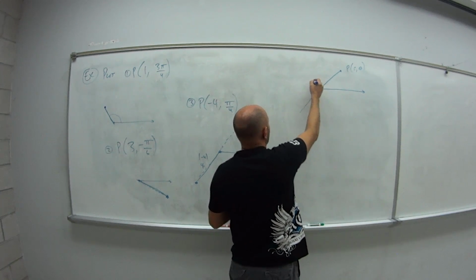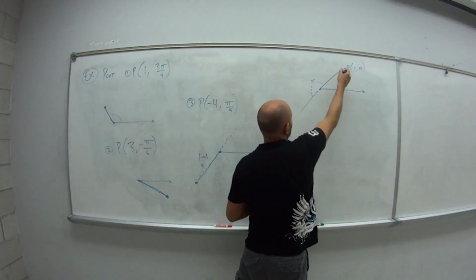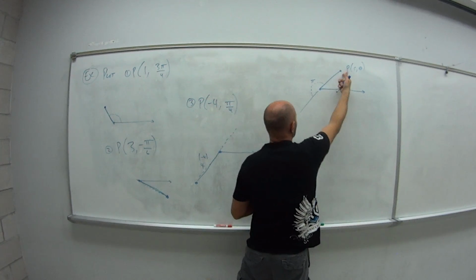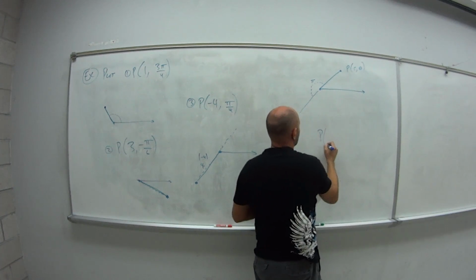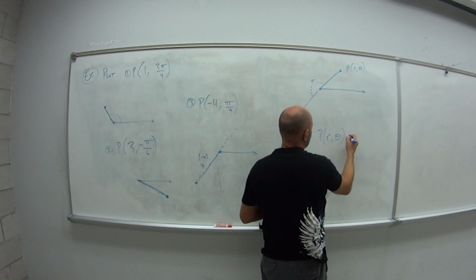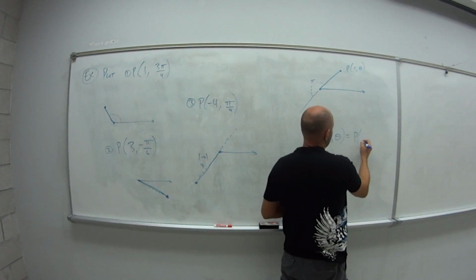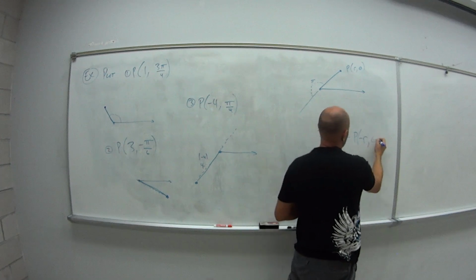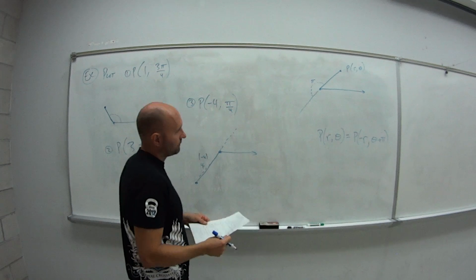A direction of pi. But if I'm down here, to get to this point, what do I have to do? I have to do the reflection, the minus r. So P, written as r theta, can also be written as P minus r, and then theta plus pi.